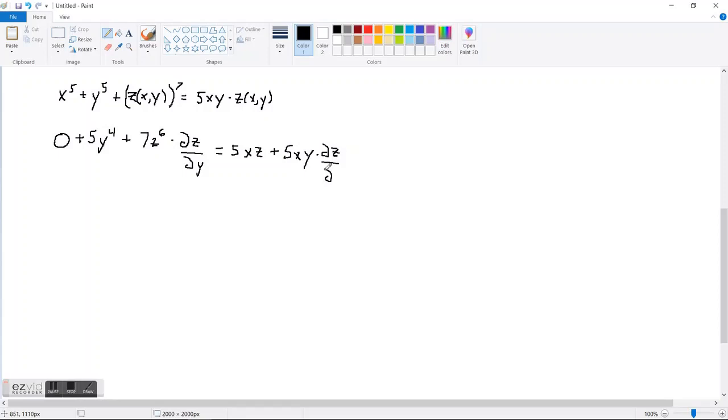And once more, we're going to collect the terms that have the partial derivative on one side of the equation and move everything else to the other side of the equation. Factor out the partial of z with respect to y and solve for partial of z with respect to y that way.